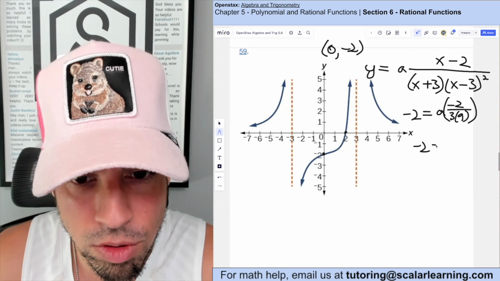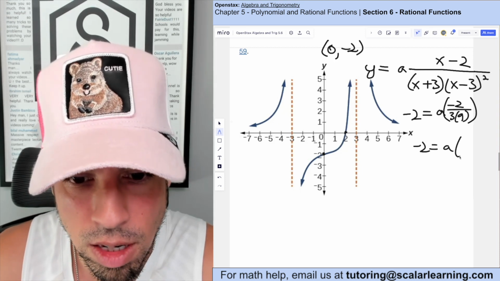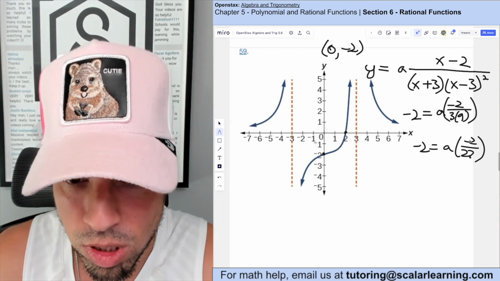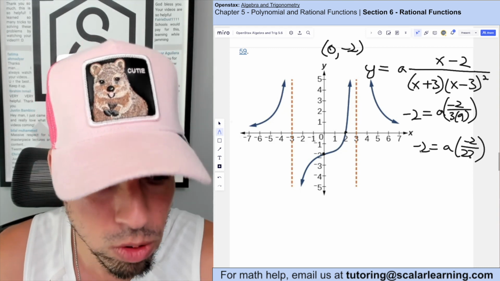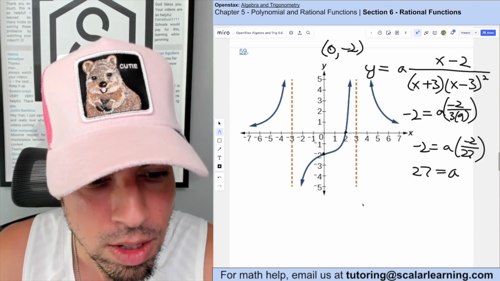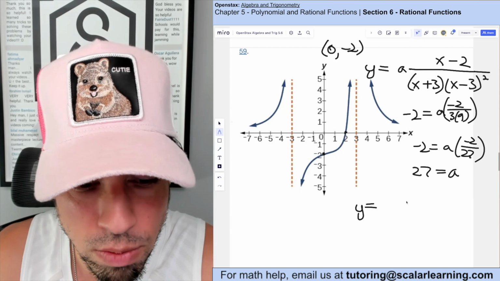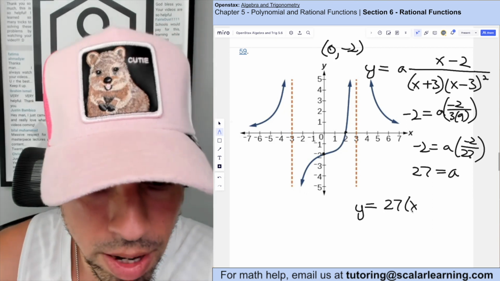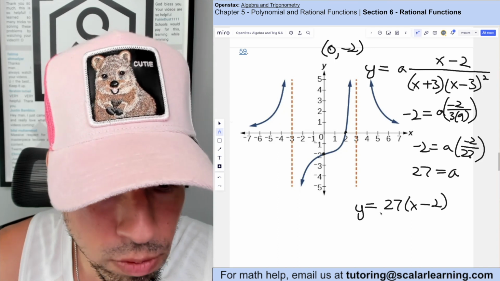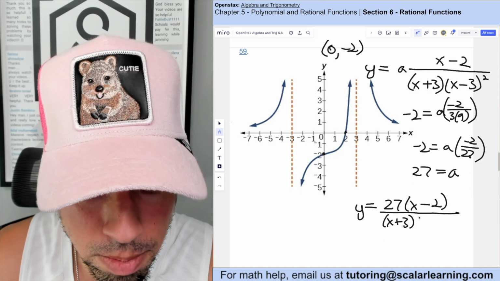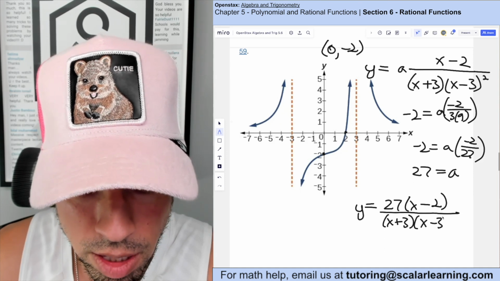So then we have negative 2 equals a times negative 2 over 27. Multiply both sides by the reciprocal, which is 27 over negative 2. Negative 2's are going to cancel out, and a equals 27. This gives us our final answer of y equals 27 times that numerator of x minus 2 over x plus 3 times x minus 3 squared.